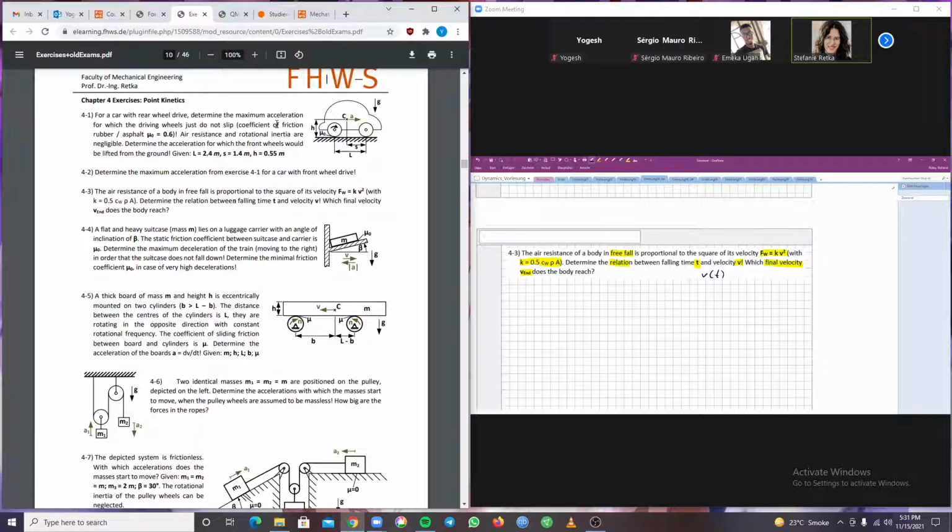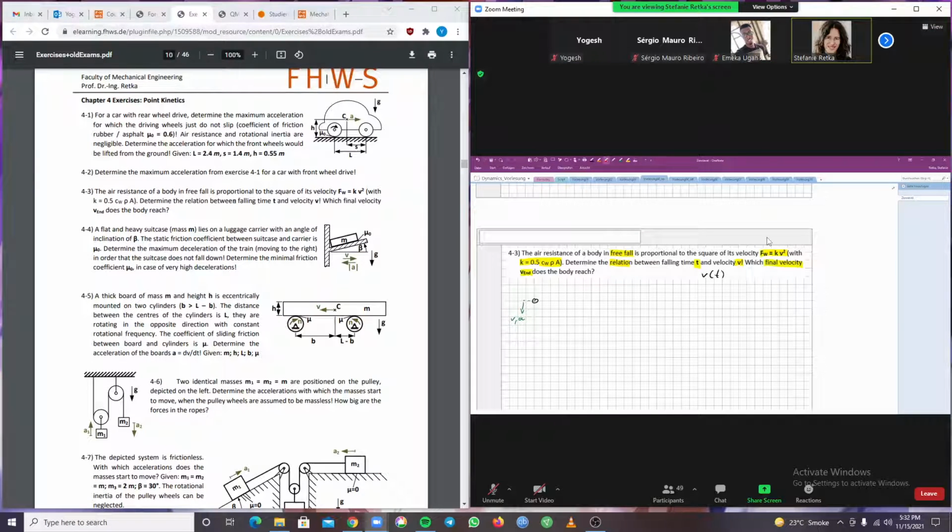Okay, well, the free body diagram is quite simple. Let's assume it's a ball in free fall, our point mass, and we know that it moves downwards, so our velocity and acceleration, of course, point downward.